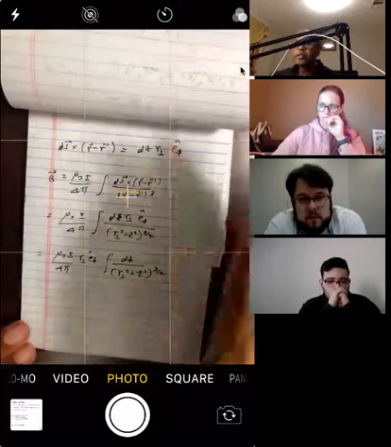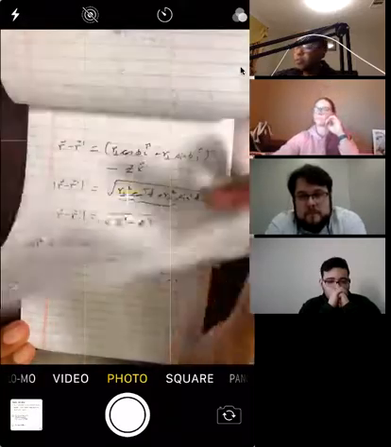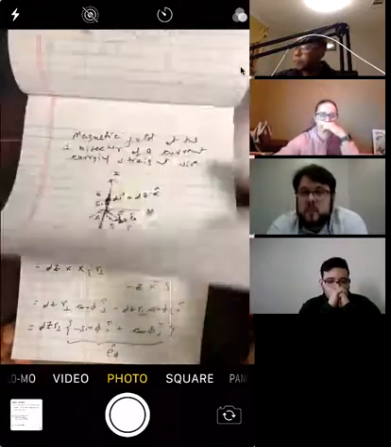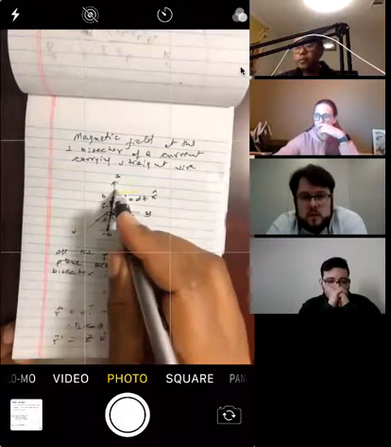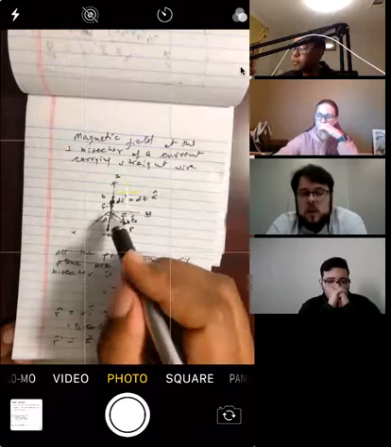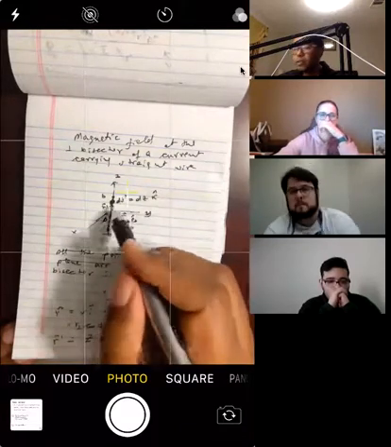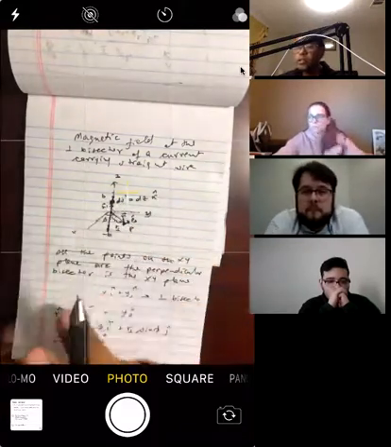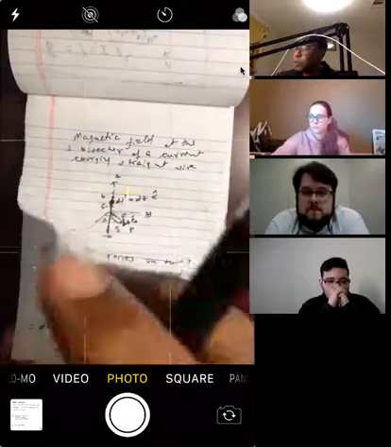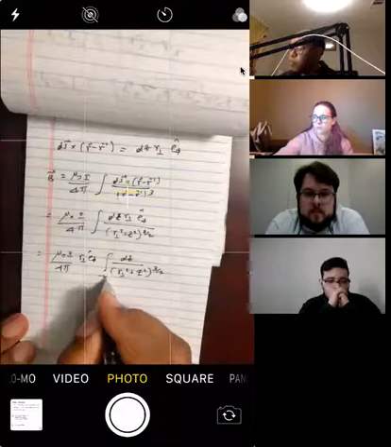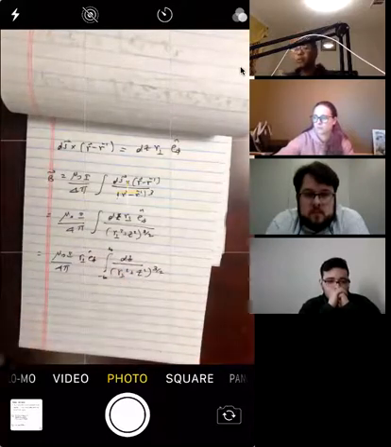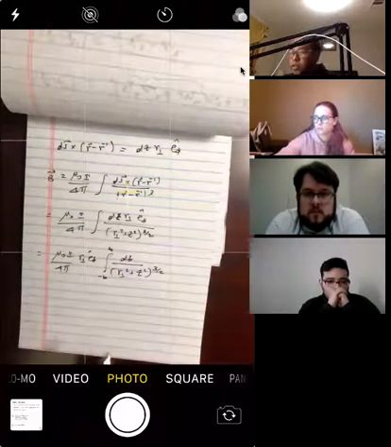From where to where does z go? You see, the value of z goes from negative b to b. This is a wire. It starts at negative b, goes to b. This is dz. So this integral is going to be from negative b to b.